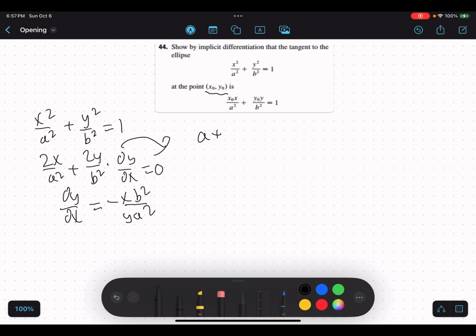So at x naught y naught, all you have to do is plug in x naught y naught into this equation here, and you get the slope at x naught y naught. So you have, and all you have to do now is use 2-point form.